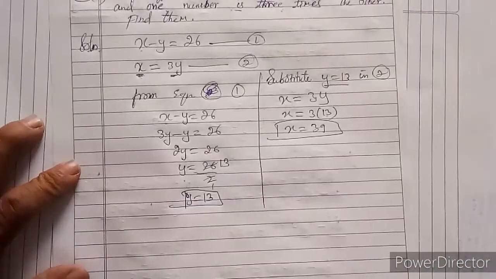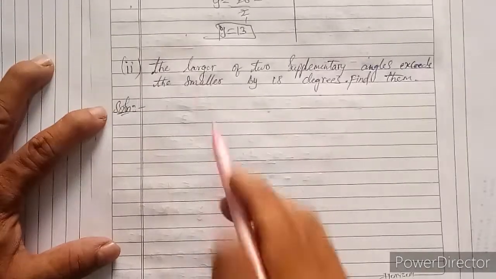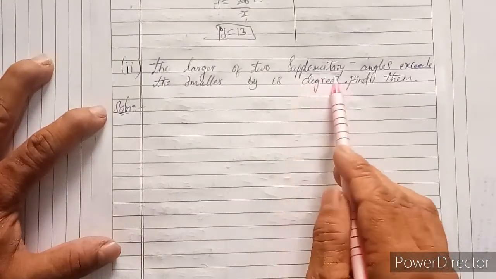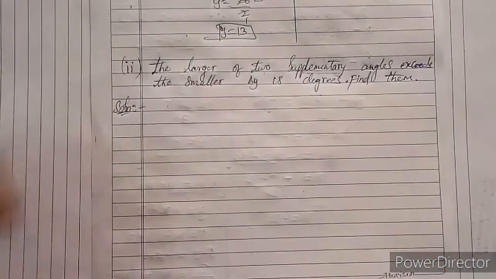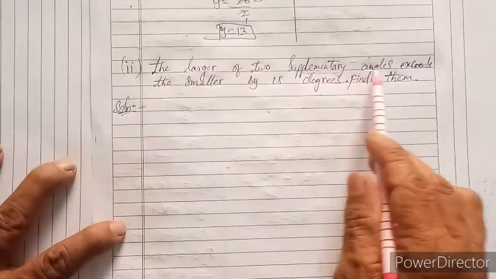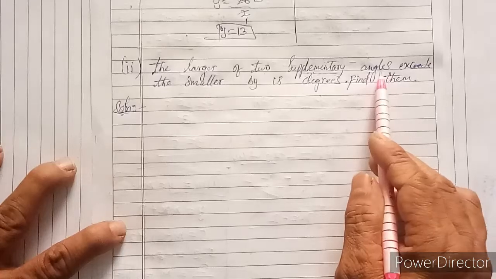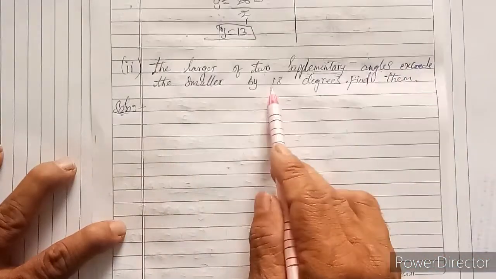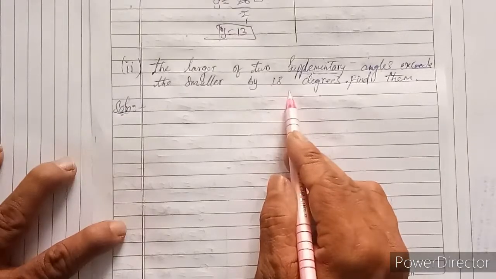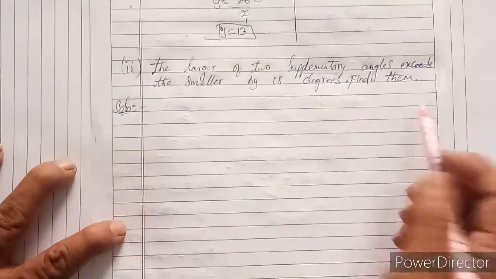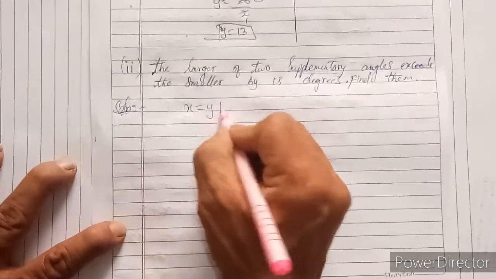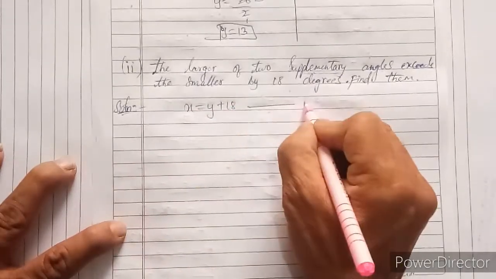This is the first sum. Listen here. The larger of two supplementary angles exceeds the smaller by 18 degrees. Complementary angles make how many degrees, we know? That is 90 degrees, and supplementary angles make its double, that is 180 degrees. First equation, x is equal to y plus 18, this is equation 1.